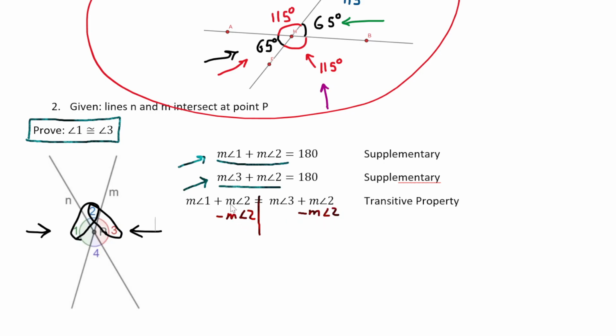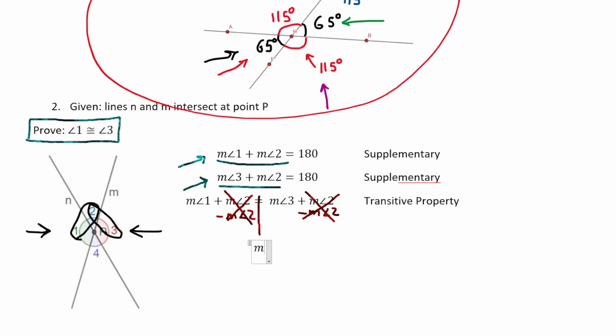Now this is nice, because once I do this, technically, right here on the left side, these will cancel out. Same thing on the right side, these will also cancel out. And if you notice, I'm left with measurement of angle 1 being equal to the measurement of angle 3.